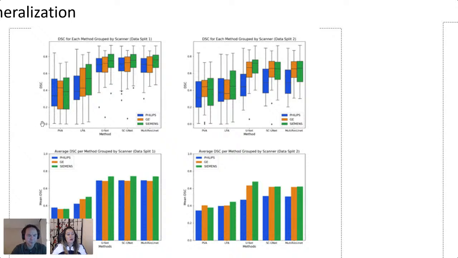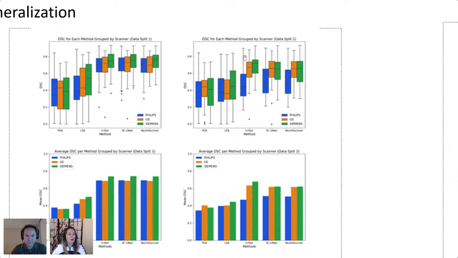We're looking at the overlap of pixels that we found with the gold standard of the radiologist. In this scenario, although there were statistically significant differences between the scanners, the performance is overall higher for the deep learning methods. But we decided to investigate something called data split 2.